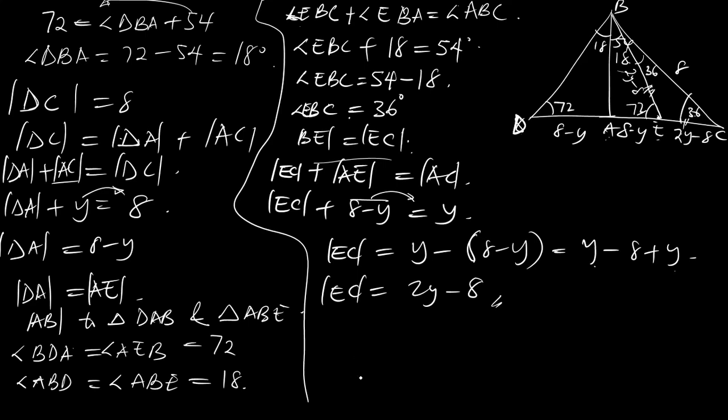Now this angle here is also equal to this angle. That means this place is equal to this. That means we have 2Y minus 8 here too. So since we have gotten up to this point, we can now look at similar triangles.